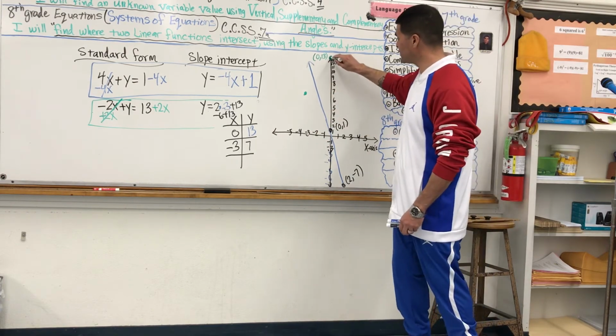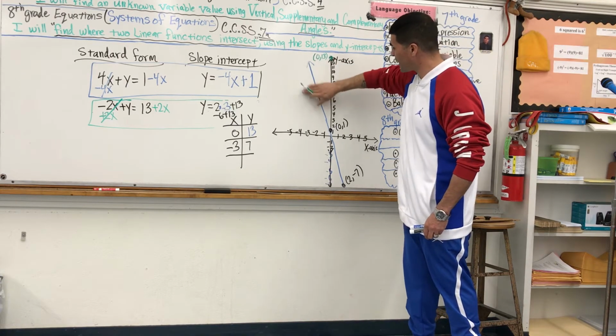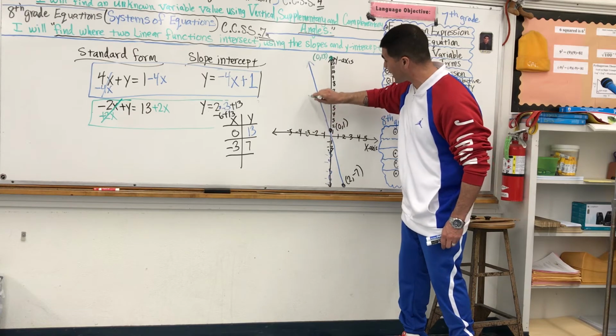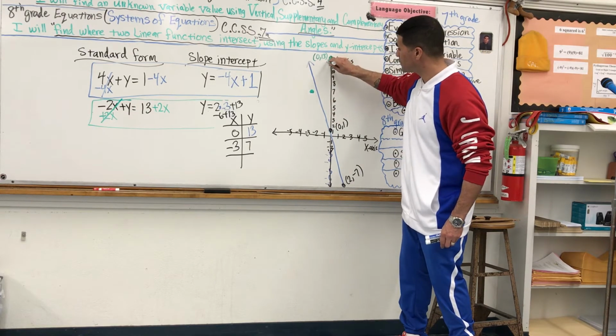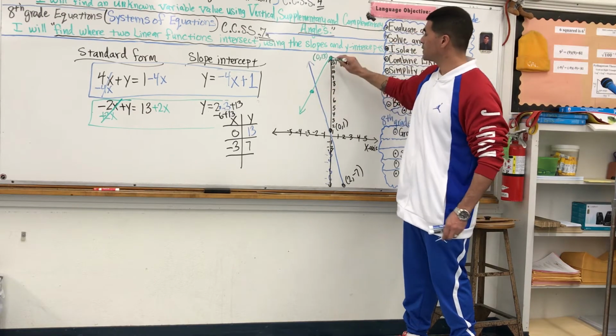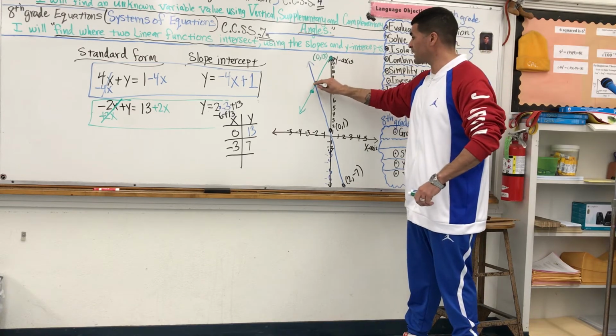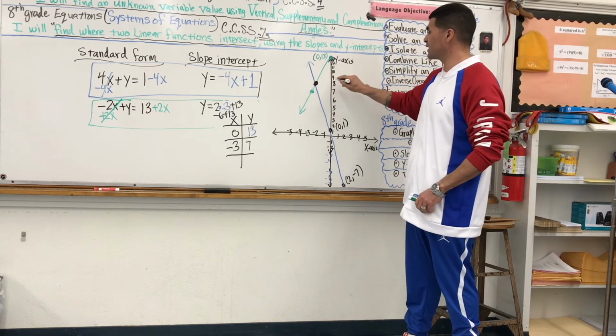And now I'm going to connect these 2 points right here, okay? And I want to line it up perfectly. You'll see that our 2 lines are going to intersect right here. This is where they're going to intersect.